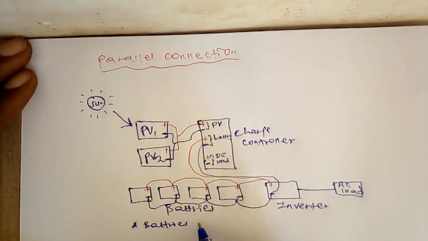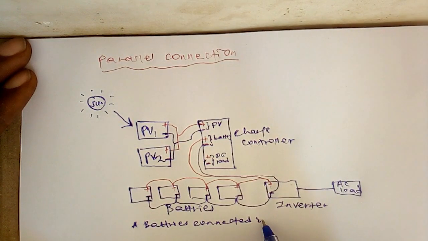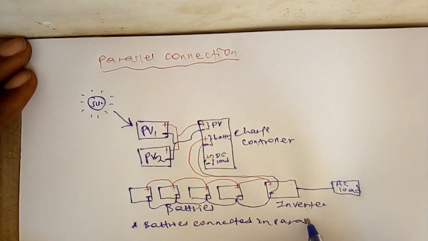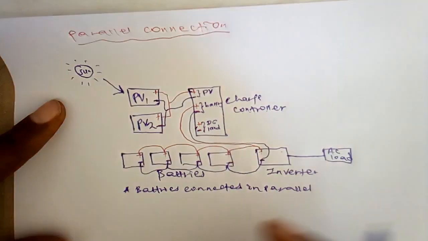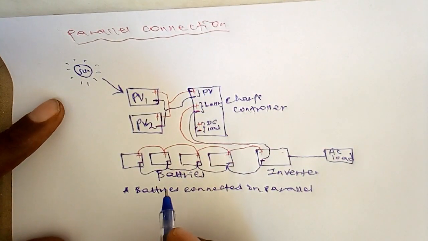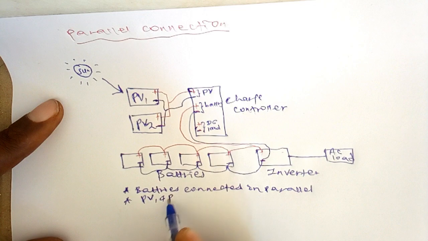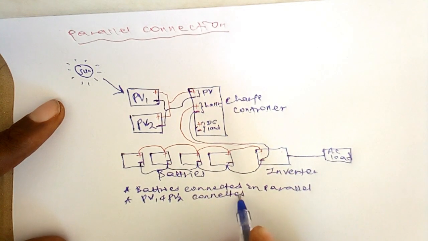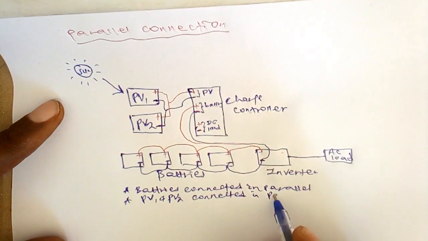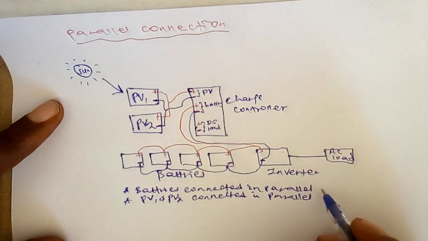So in the parallel case, let's look at the voltage and the currents. Now, if the batteries are connected in parallel and PV1 and PV2 are connected in parallel, what would be the voltage?